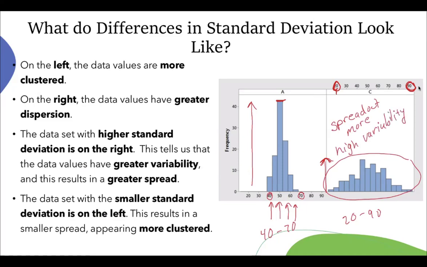We have more of a clustered effect, and we have low variability when we see a graph like the one on the left.